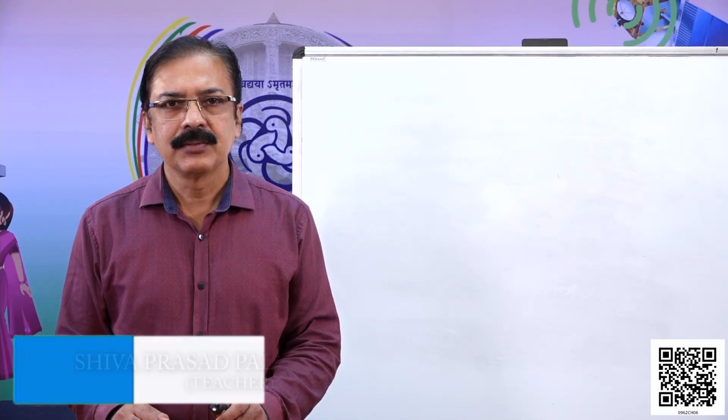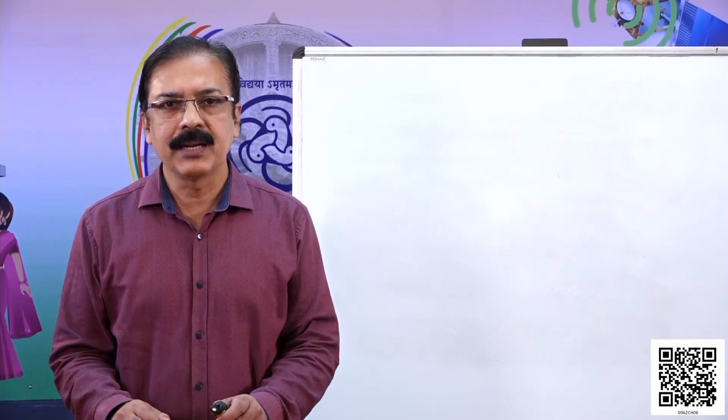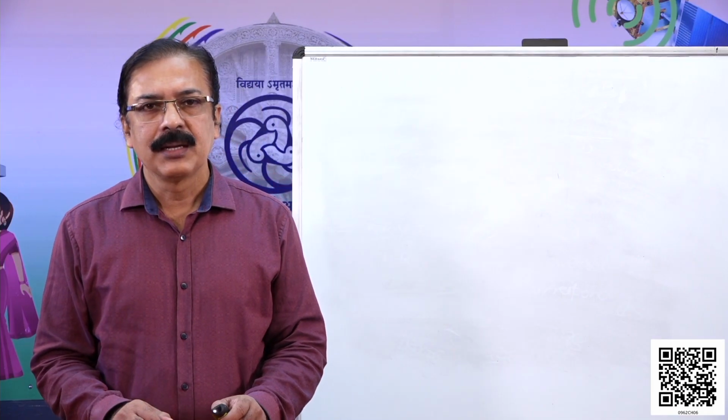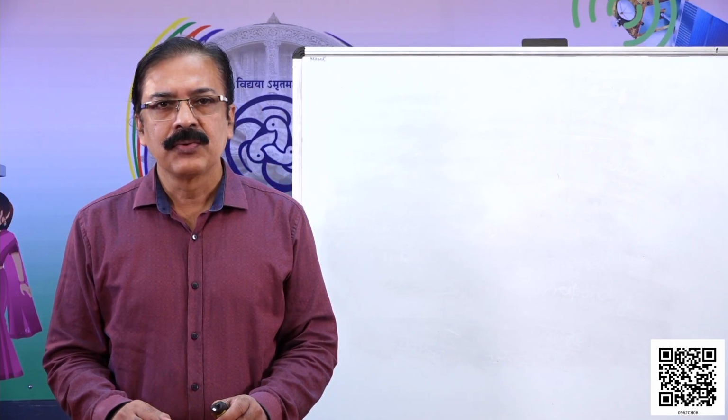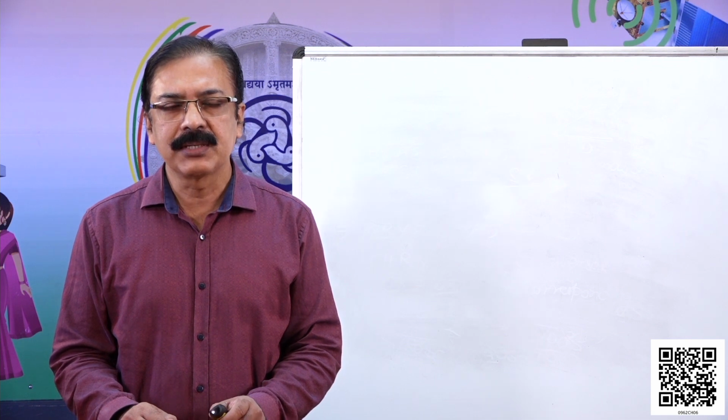Dear students, today we are going to discuss from class 9 mathematics book chapter 6, lines and angles, part 4. In the previous class we learned about some theorems on parallel lines and transversal.